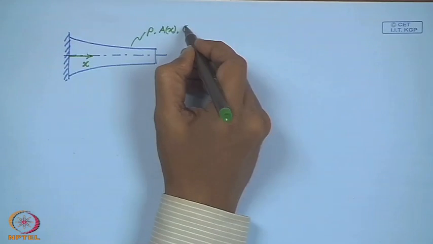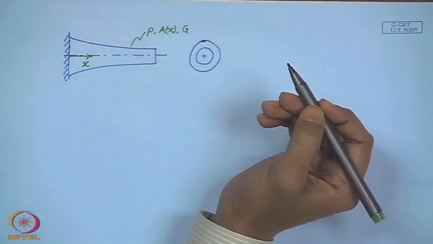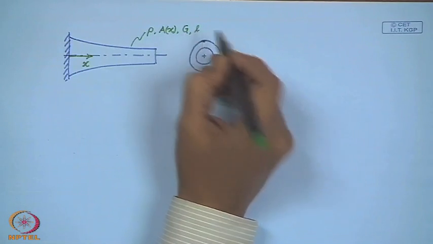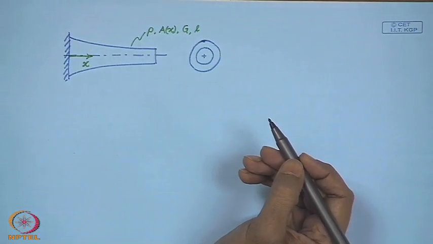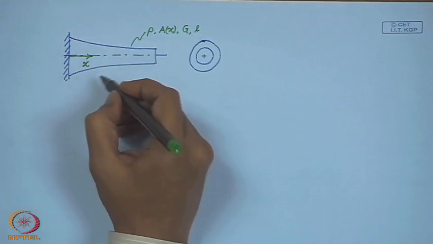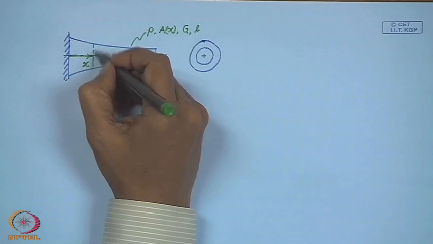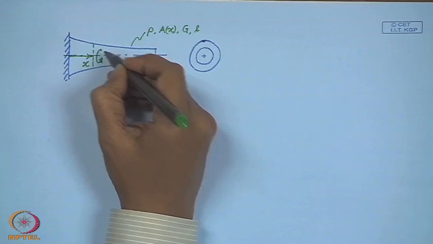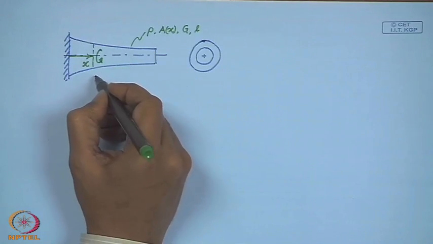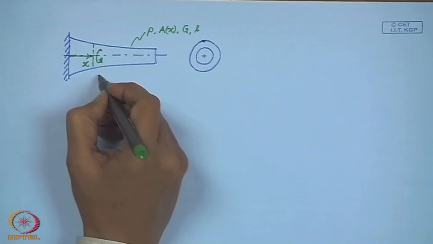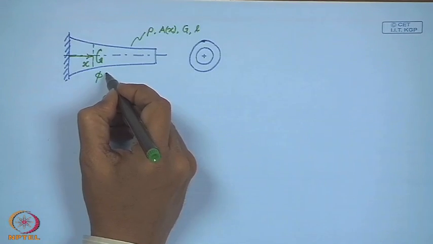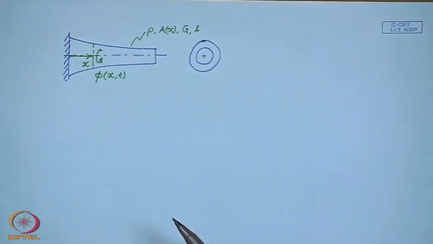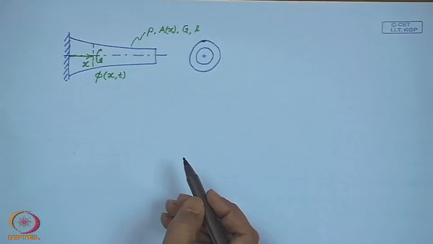The shear modulus or the modulus of rigidity is represented by G, and this has a length L. Now, at any location x, the field variable that measures the torsion in the bar, the local torsional displacement of the bar, is represented by phi of x comma t.